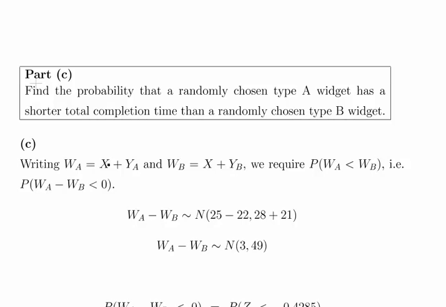So it's WA total time for A, WB total time for a widget type B. It's a variation of what we've just done, but we're looking at the total times here. So essentially, we're doing things the same way. Total time here, WA minus WB. The mean there is 3 and the variance is 49. So this is coming from this part here.